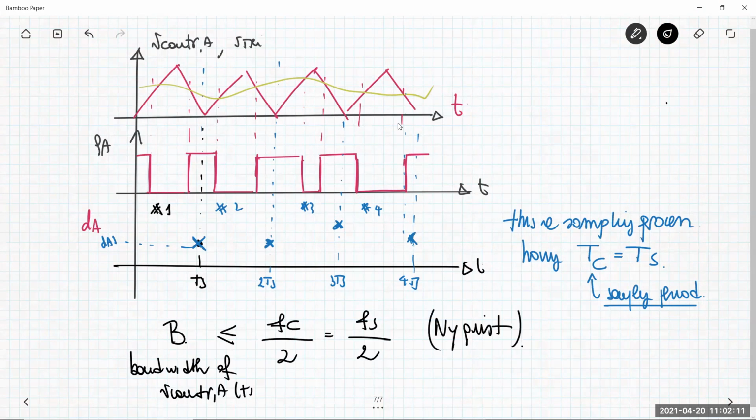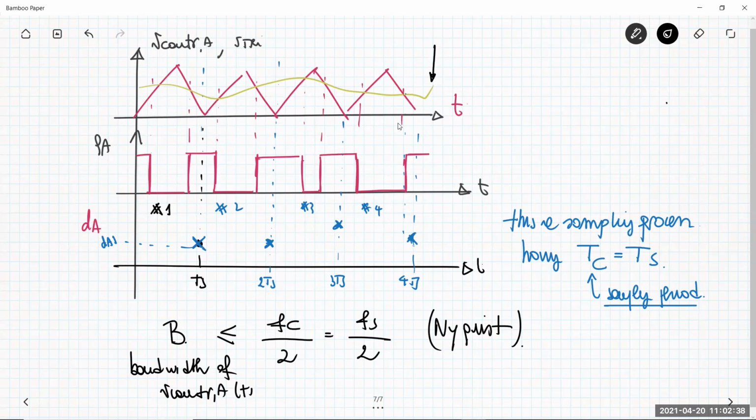So all this discussion that I illustrated here made it possible to recover the information correctly on the basis of this process, but we have a constraint. The constraint is that the bandwidth of this control signal should be well less than your switching frequency Fs.